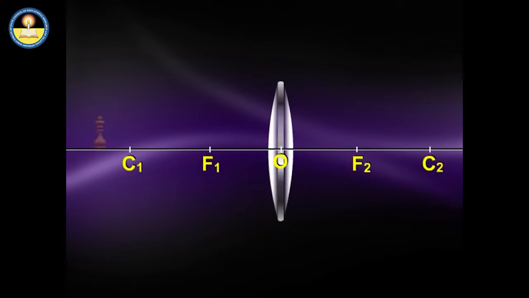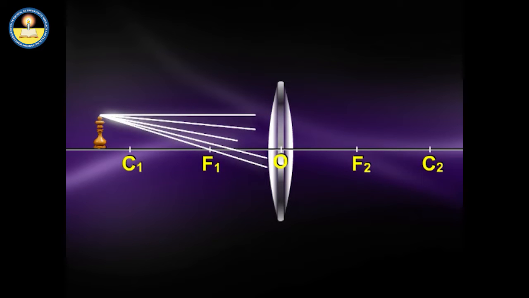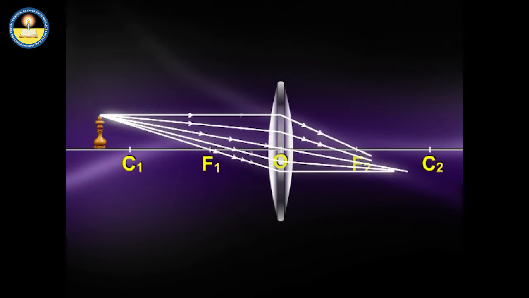From a point of an object, though an infinite number of rays travel in all possible directions, for the determination of the position of the image, we choose any two convenient rays out of the mentioned three rays.